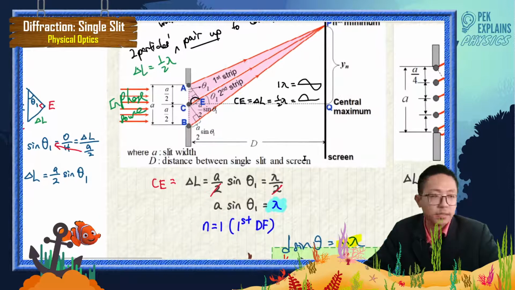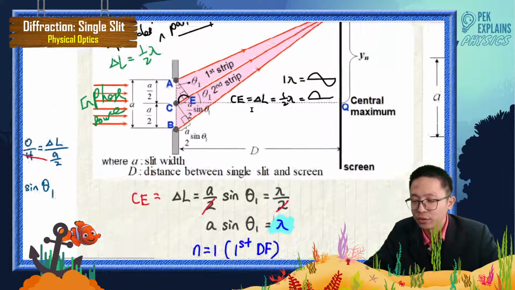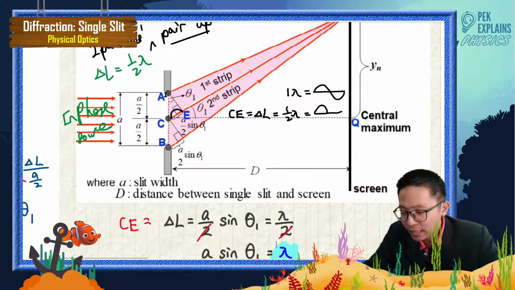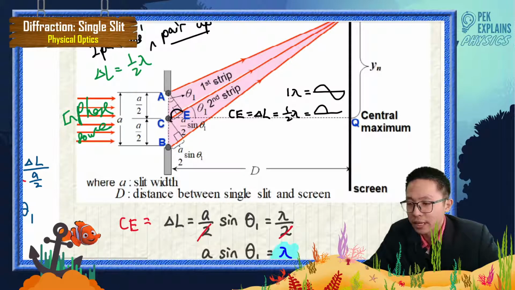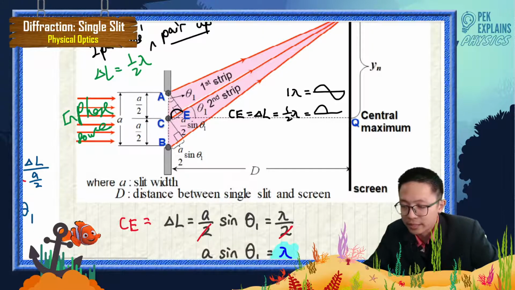Actually, you can see what this A sine theta equal to lambda is. A is the whole slit. If you look carefully, A with C, the difference is half lambda. C with B is also another half lambda. Here you can see another small triangle.